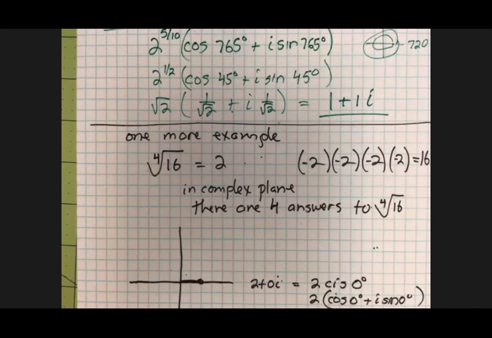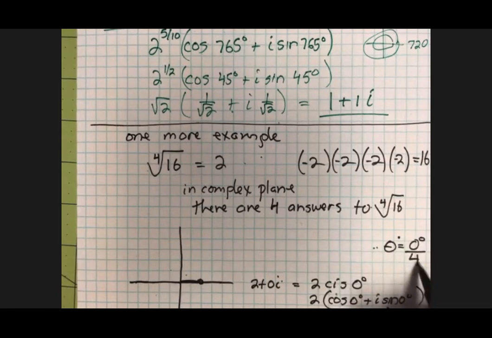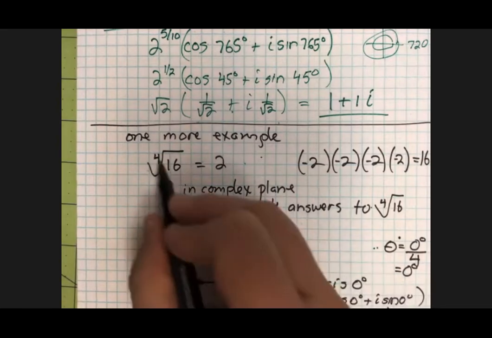That's 2 times 1 plus 0i. That's the 2 plus 0i. These are all different ways of writing 2 plus 0i. So if I take that angle 0 degrees and cut it in 4 pieces, I still have 0 degrees. The 4th root of 16.